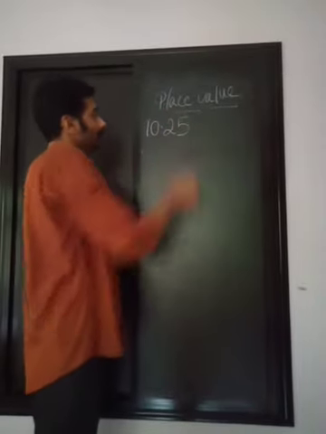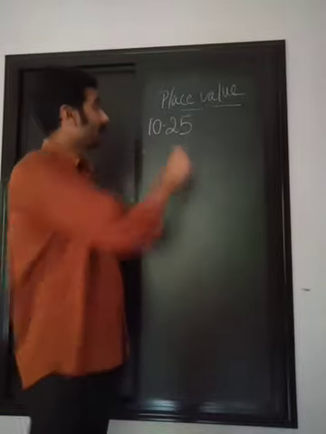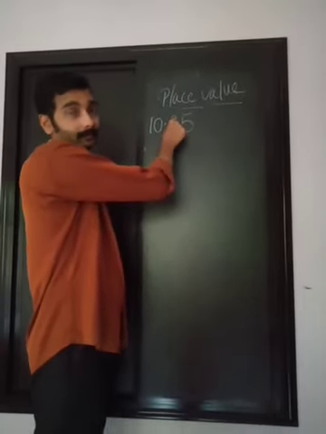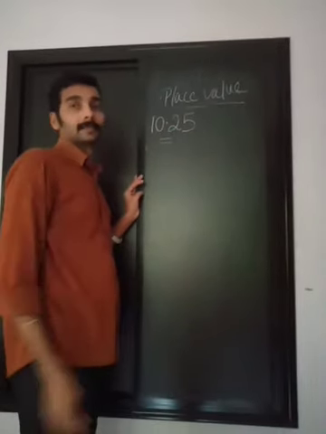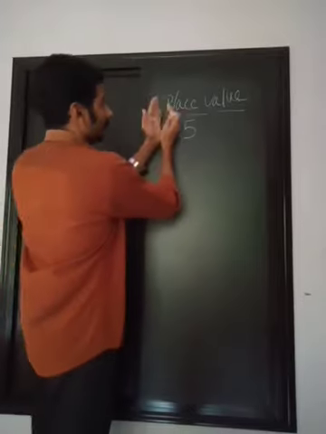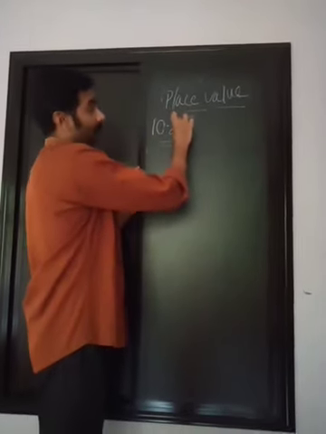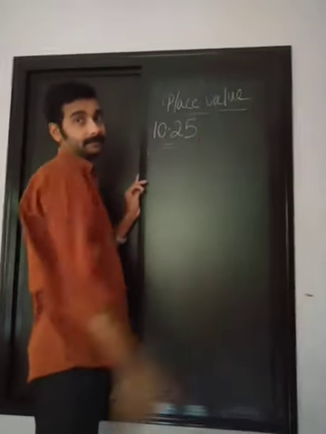Okay. Then another important one is 10.25. We find the place value of 2. After the decimal the places are 1 by 10, 1 by 100, 1 by 1000, like that.